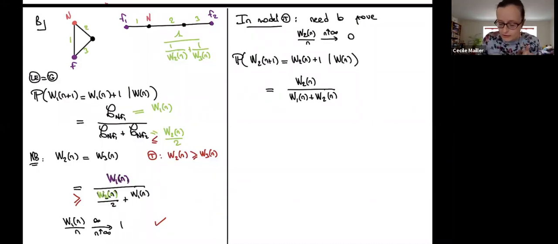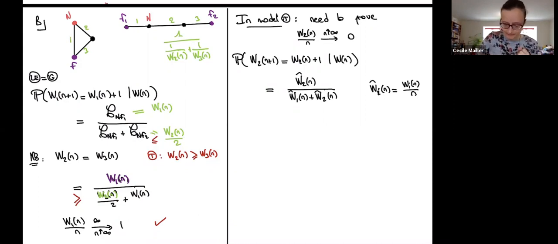Great. I'm just going to introduce a notation quickly. I'm going to add hats to say that Wi hat of n is just a renormalized version. You can see here, I can just divide the top and the bottom of my fraction by n, and this just adds hats everywhere.